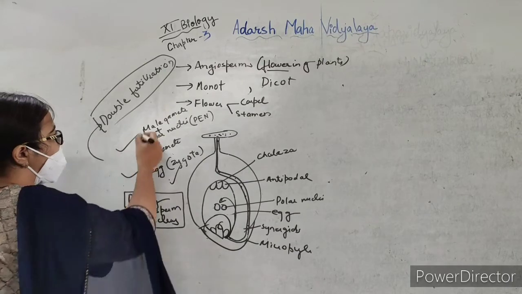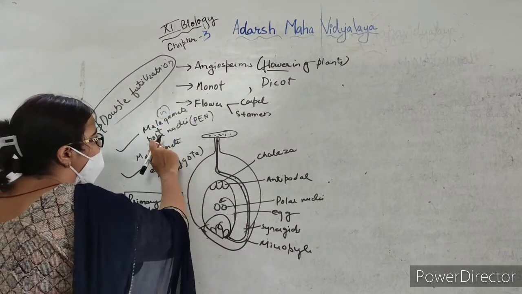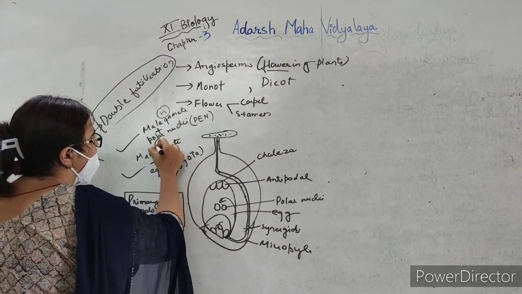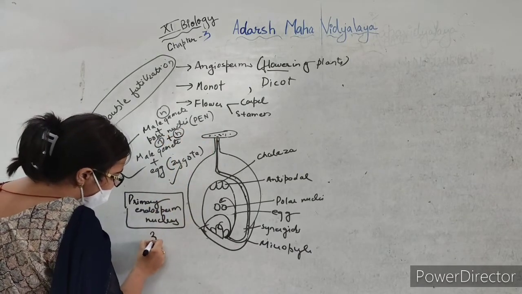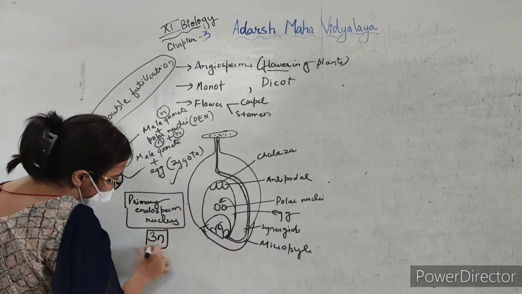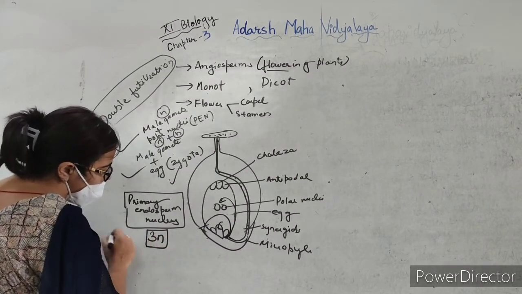Now you saw here the male gamete was haploid, and there were two polar nuclei. So N plus N plus N. The PEN which is formed is having a triple condition, that is triple ploidy.